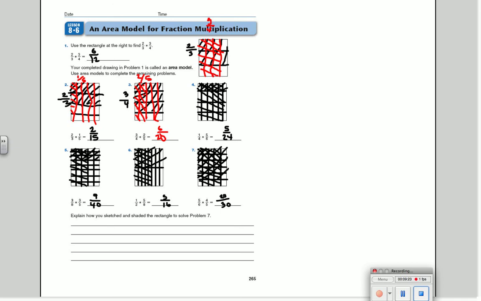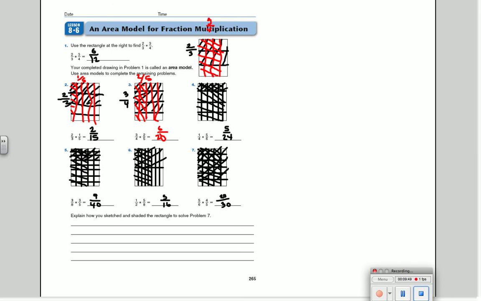Okay, so my guess is you likely have your answers right for each of them because you all know how to multiply. So for number 4, I got 5/24, and if I were you, I would have gone about splitting up the rectangle. 1/4 goes sideways, 5/6 goes up and down, and hopefully you have the same shading in.